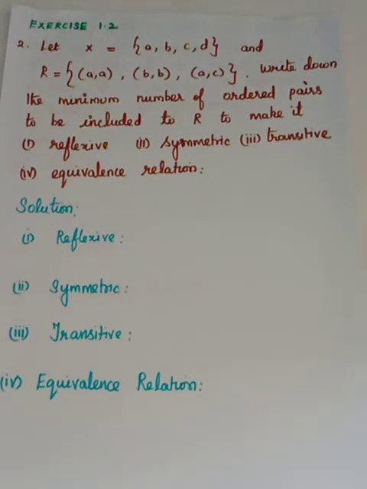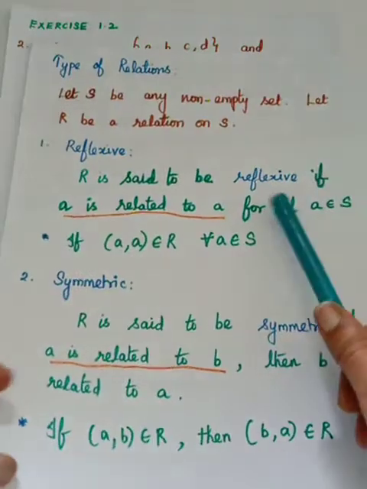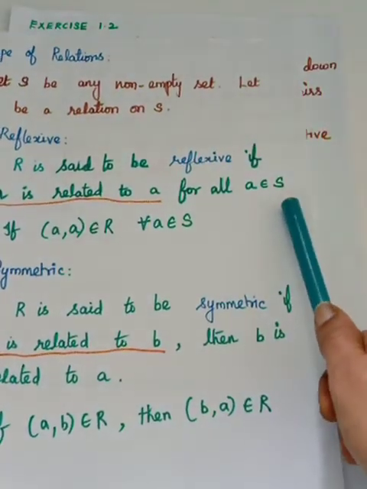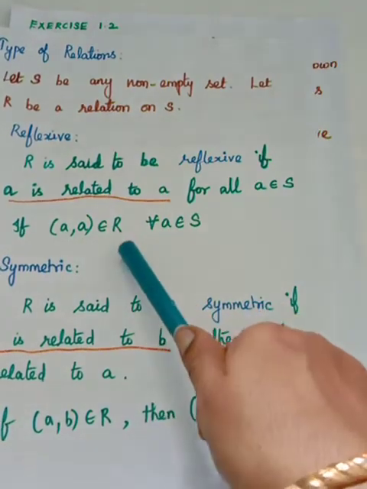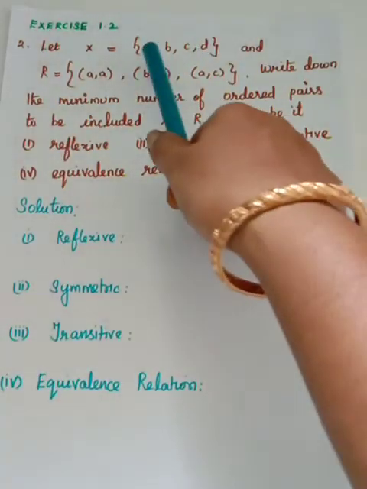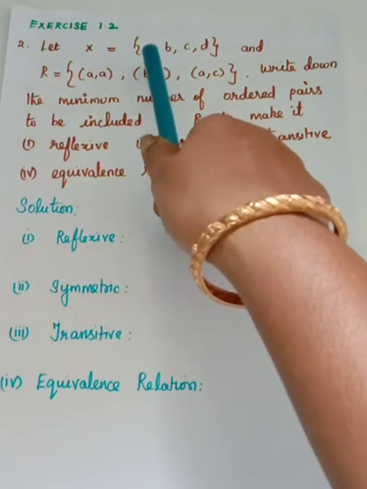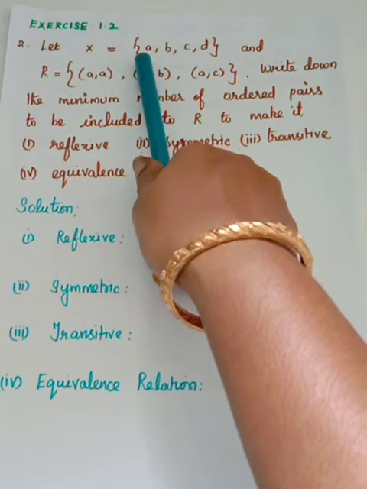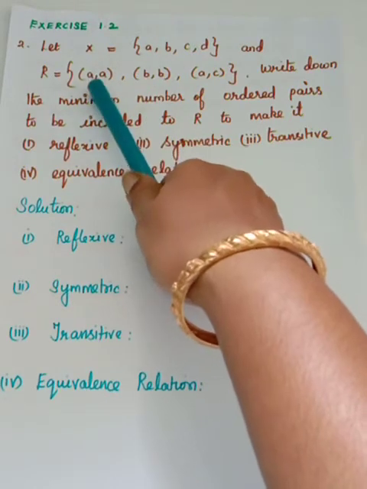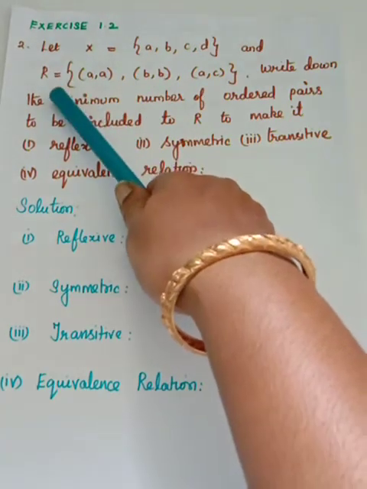Reflexive means, as I have said, for all the elements from the set, for all a belongs to S, which ordered pair should be there? A comma a belongs to R. Okay, so in that set X, that is your set now, if you consider a, a is related to itself, so the ordered pair a comma a is in that relation.